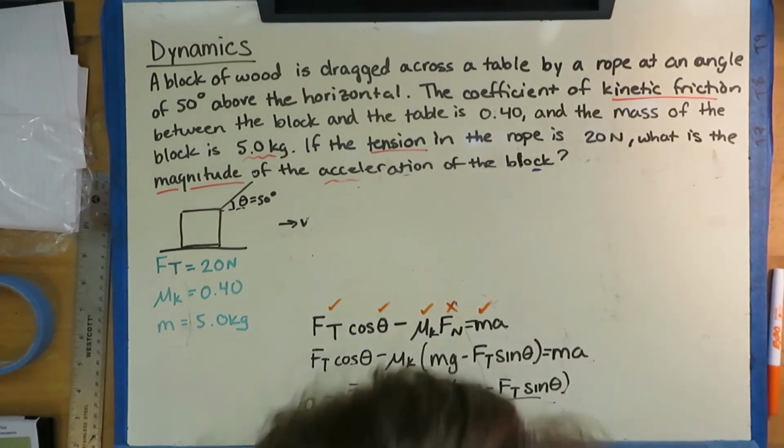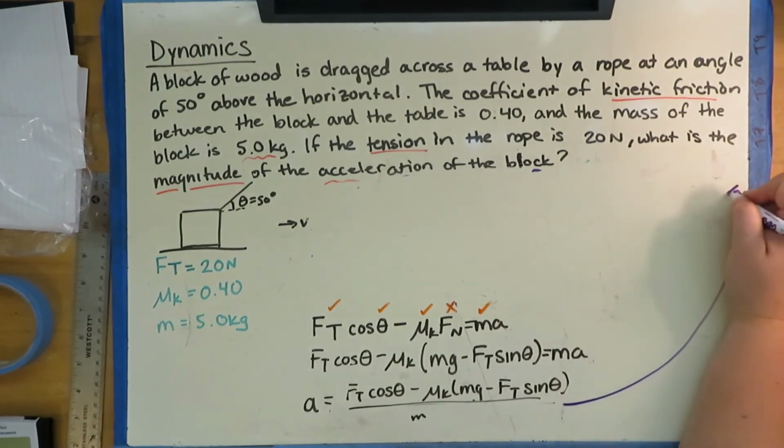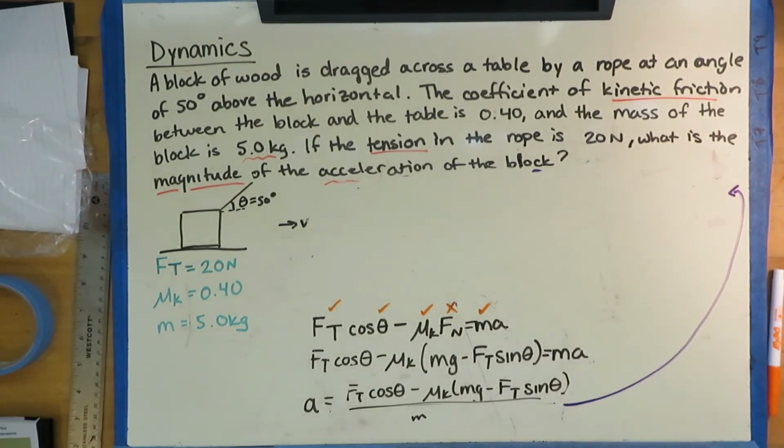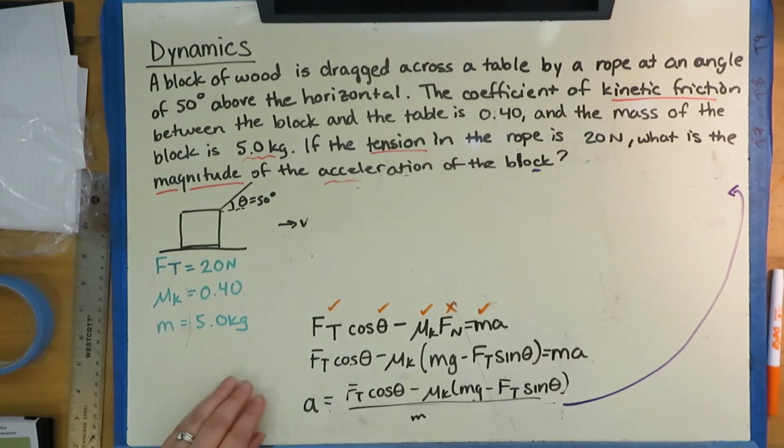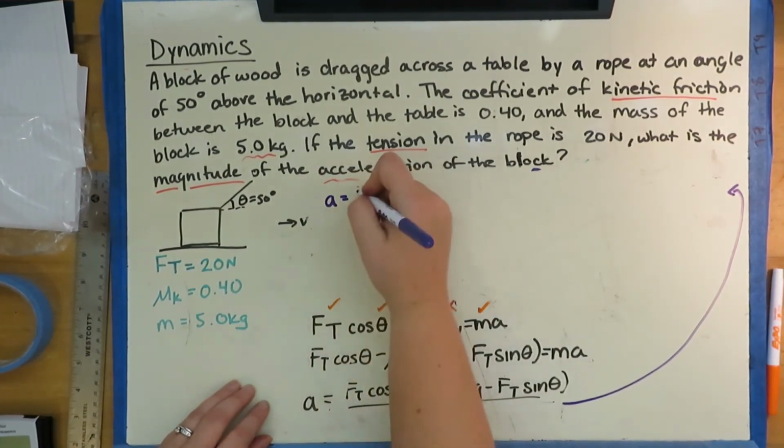All right, so we have our equation for acceleration non-numerically. We now need to sub in our numeric values to get an answer. So I'm going to take that up here to the top so I have more room. So my acceleration is going to equal my tension times cosine theta.